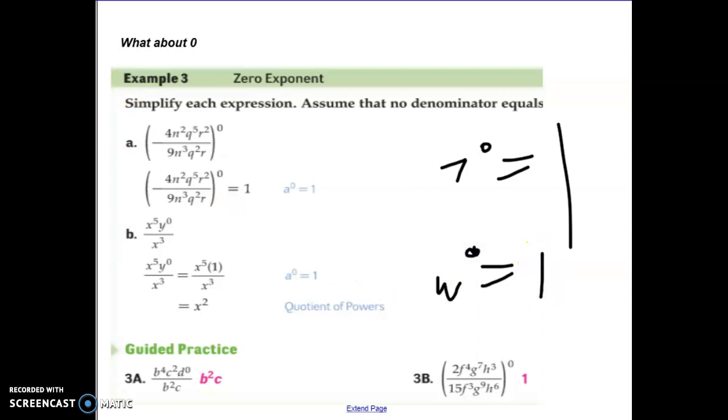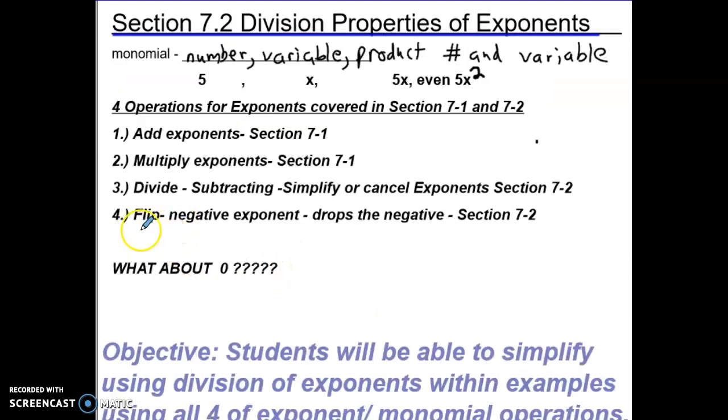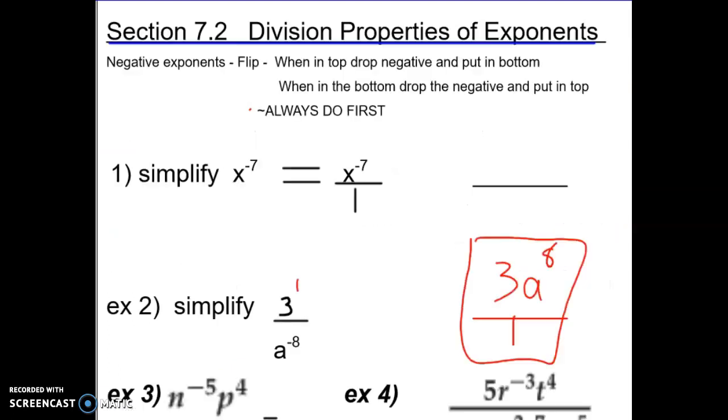Next, the final rule is going to be the flipping and negative exponent rule. So when do you flip? Negative exponents mean you flip. When it's in the top and the numerator has a negative exponent, you put it in the bottom and drop the negative.